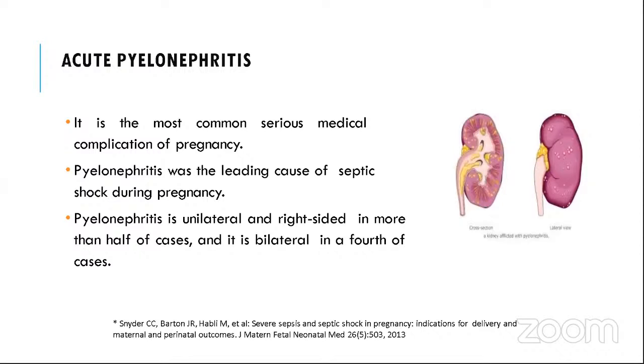It is the most common serious medical complication of pregnancy. Pyelonephritis was the leading cause of septic shock during pregnancy. Pyelonephritis is unilateral, usually on the right side. Some of the cases can be bilateral.